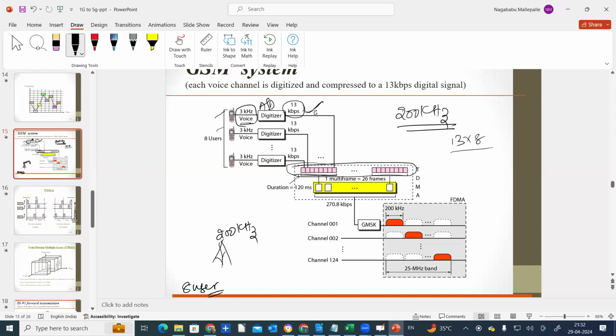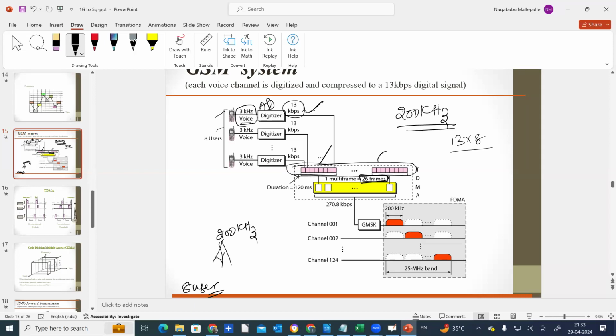That's why multiple frames are transmitted together. Here you can see almost 26 frames carry the required data to transmit a basic voice.